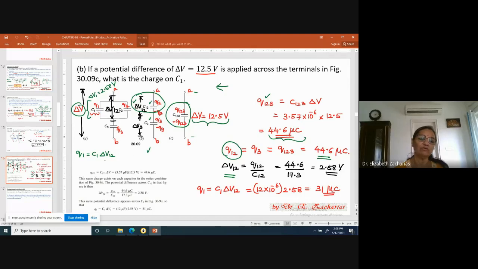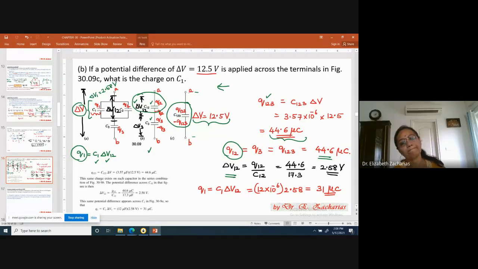I know V12, I know C1, I can get my Q. Clear? Yes, ma'am. Right. Now, if you have understood all this, without any difficulty, you should be able to get Q2 also. What will be Q2? Q2 will be again C2 into delta V12. You can get your Q2.